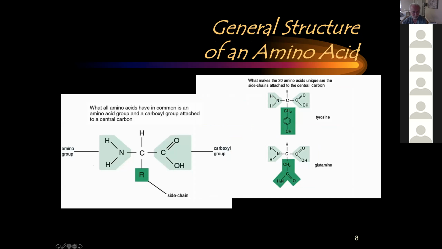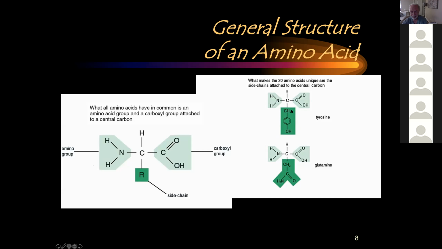And what is important is that you recognize that all amino acids are alike in the sense that they all have an amino group and they all have a carboxyl group joined to a central carbon. And also joined to that carbon is what's called an R group or a side chain. And that's what makes the difference between one amino acid and another.